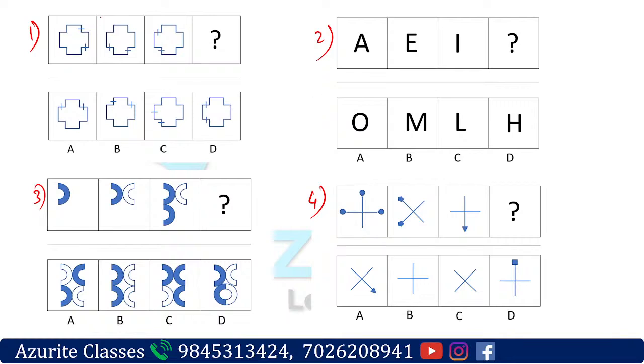So here what is happening, if you see, the marks are moving in a clockwise direction. So this is moving here and this is moving here, then this will move here and then this will move here, right?